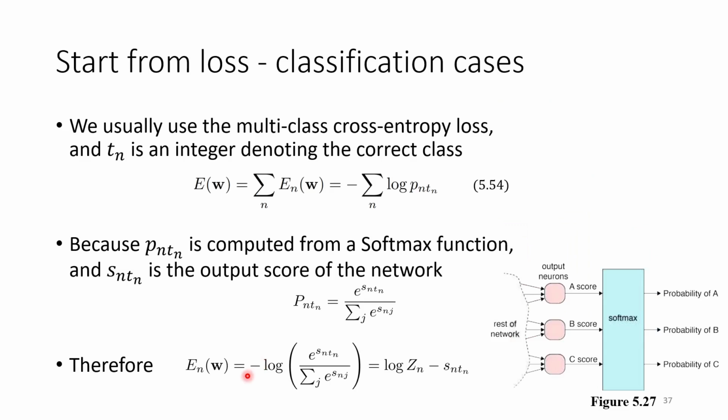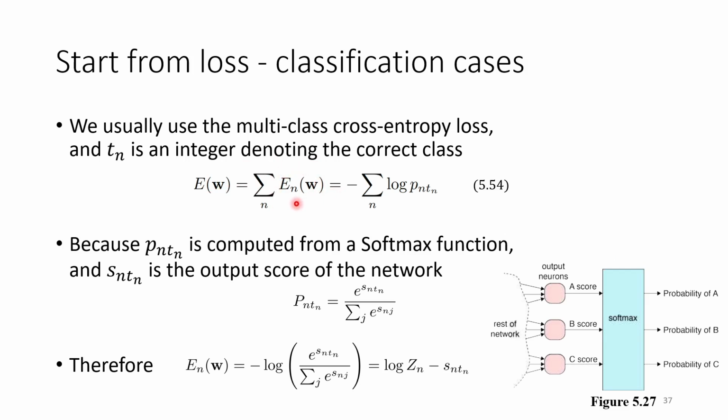For different tasks, for classification, let's see how we define the loss. Usually we use a multi-class cross-entropy loss, and its mathematical expression is this, this is the error. Because we have many training instances, the error is summed over all of the training instances.